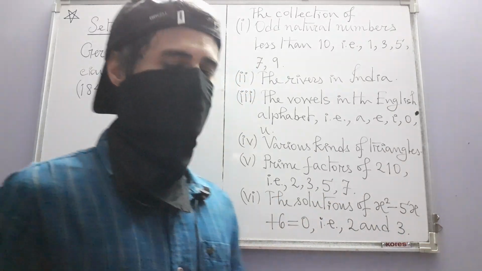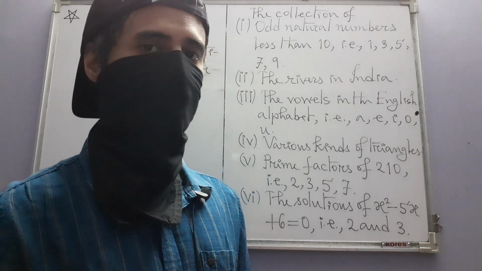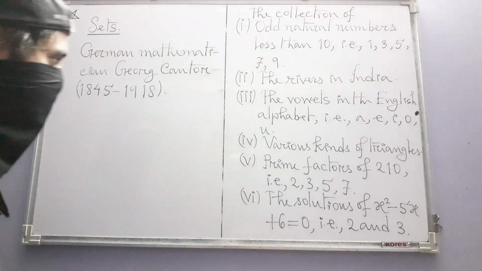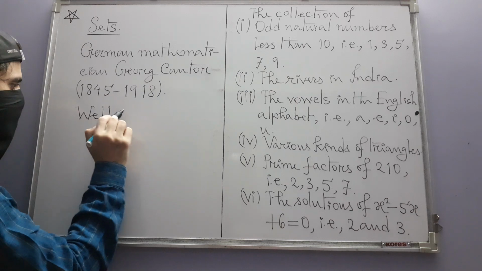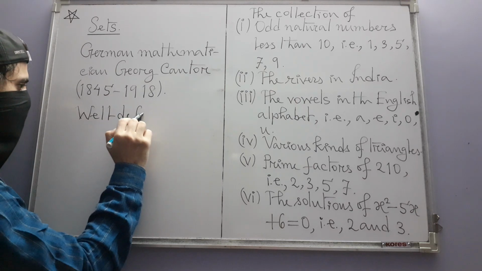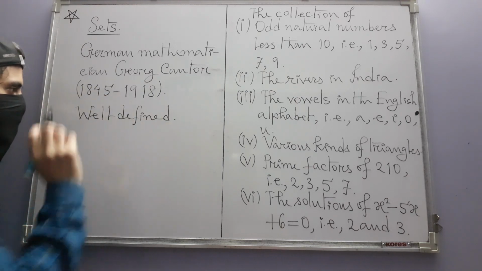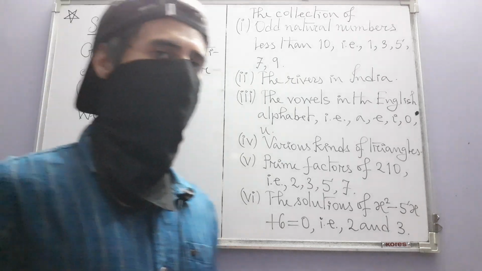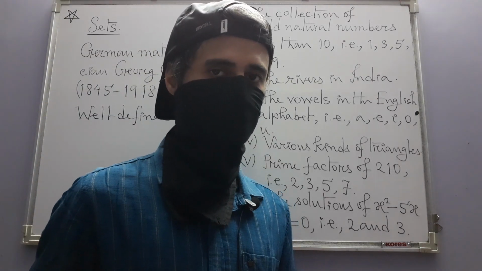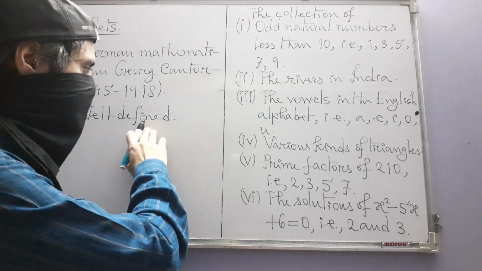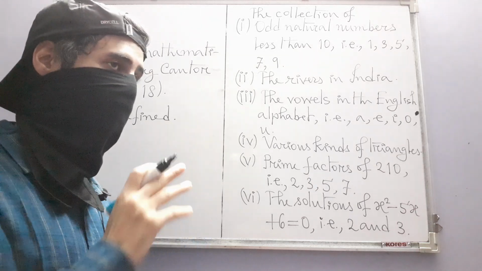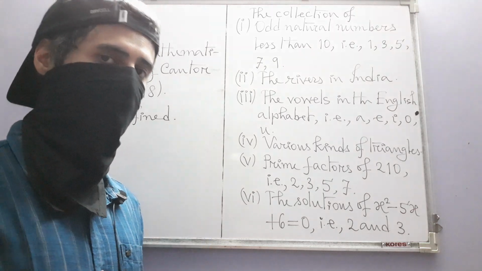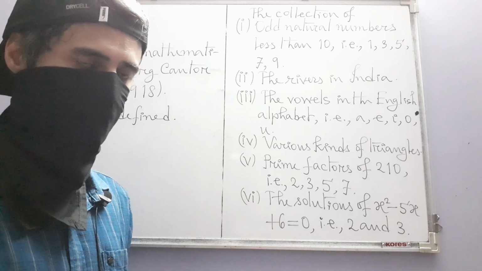The text also says that these collections are all well defined. Now, what do we mean by well definedness? This is very important to understand what this word means, because we only consider well defined collections in mathematics.